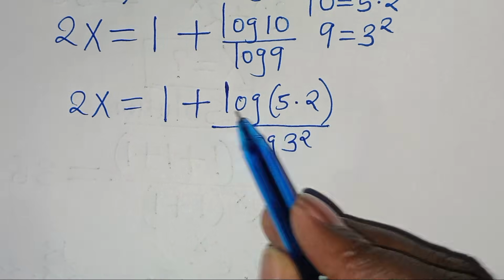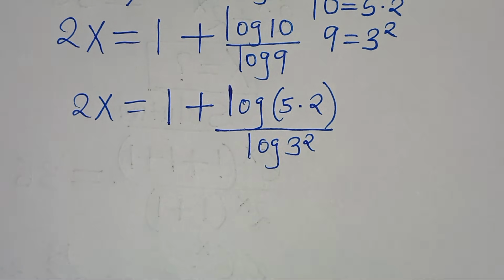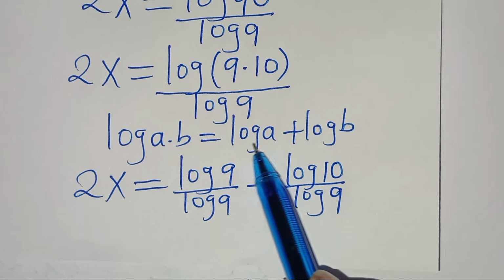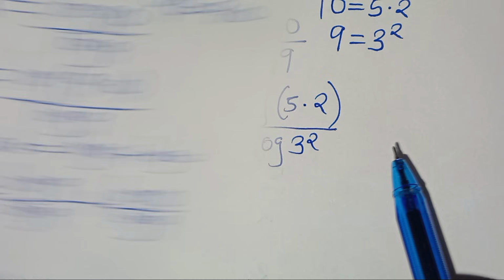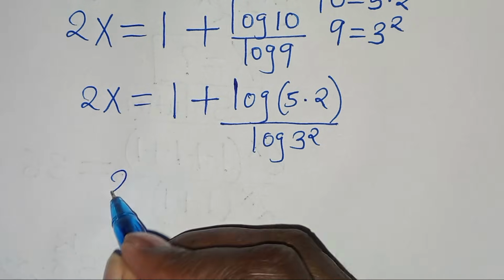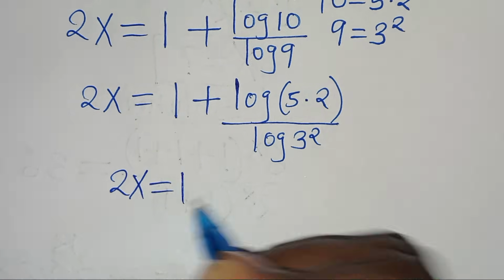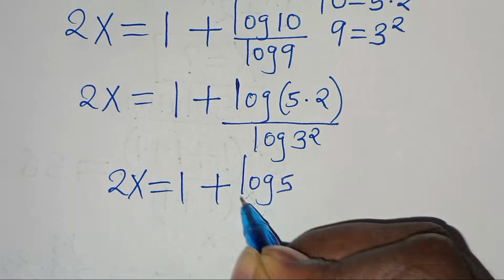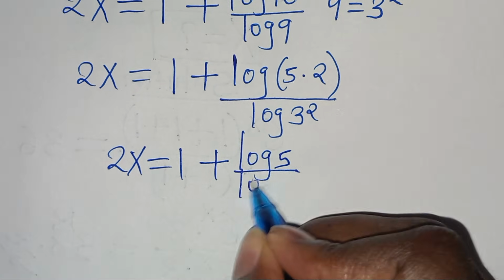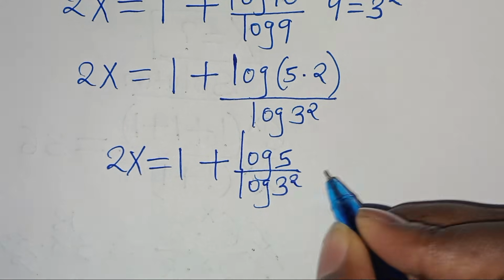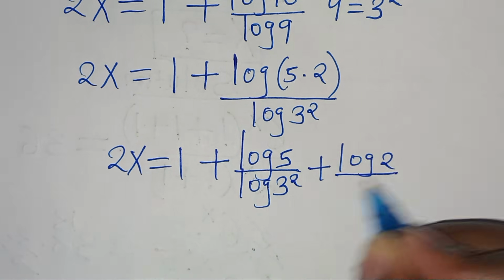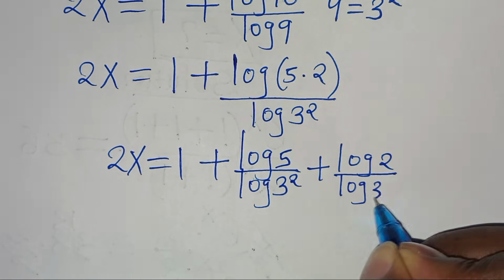Now, log 5 times 2 is in the form of log a times b, which can be expressed as log a plus log b. So we have 2x equal to 1 plus log 5 divided by log 3 to the power of 2, then plus log 2 divided by log 3 to the power of 2.